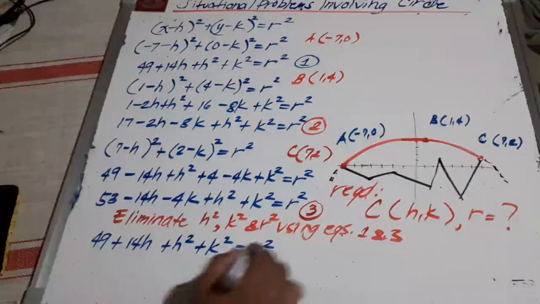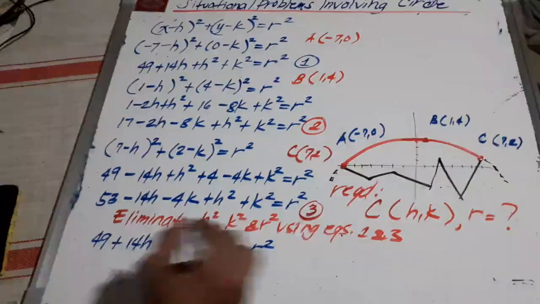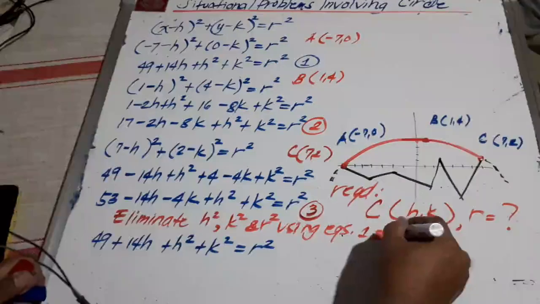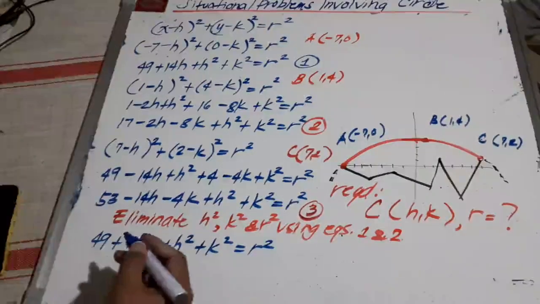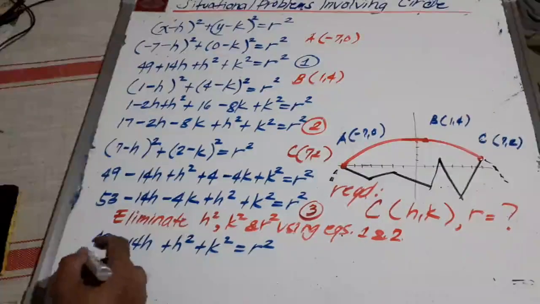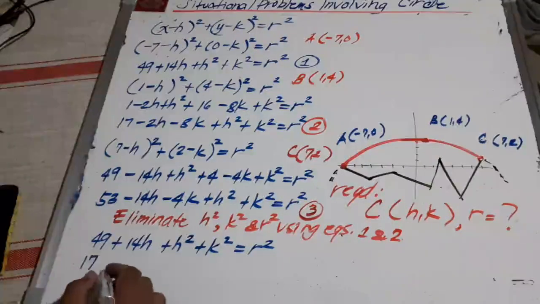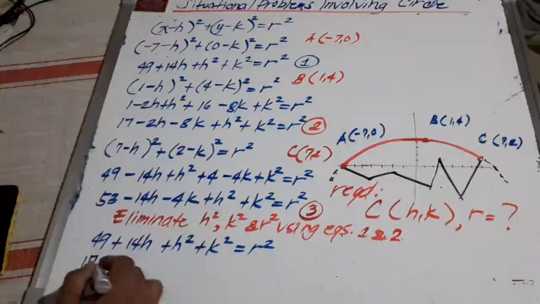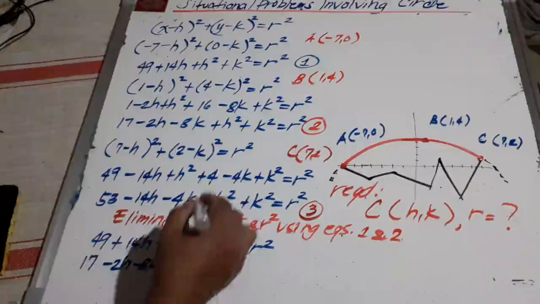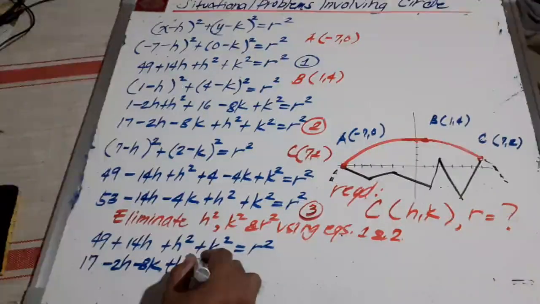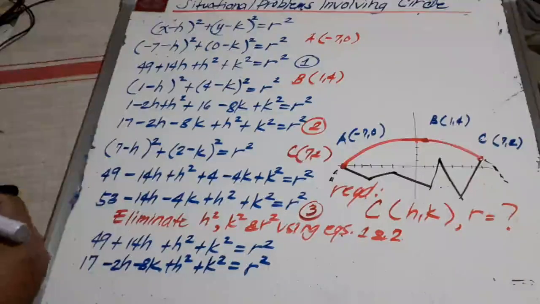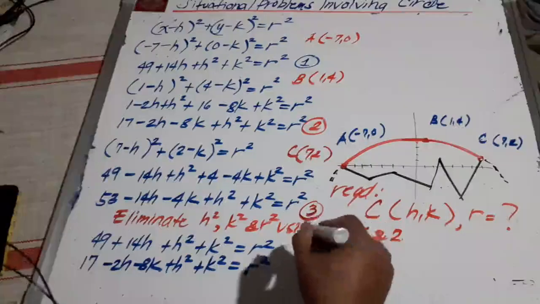And equation 2 is 17 minus 2h minus 8k plus h squared plus k squared equals r squared. Equation 1 and 2 muna. Okay. This is equation 1.